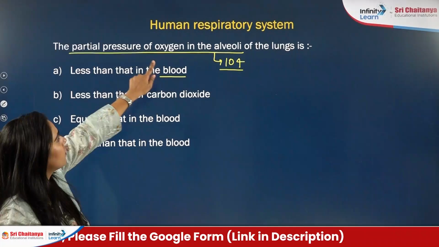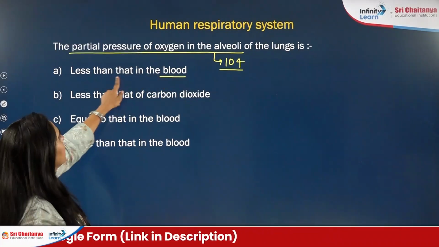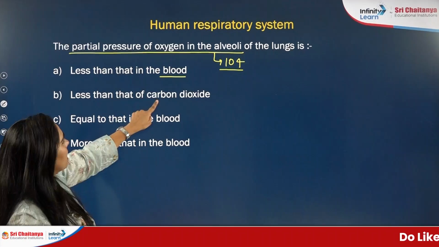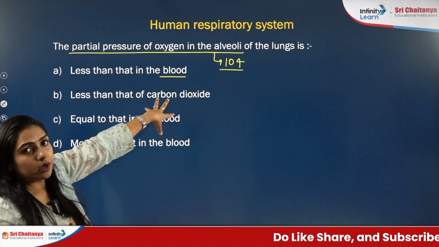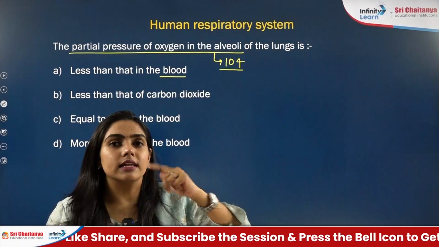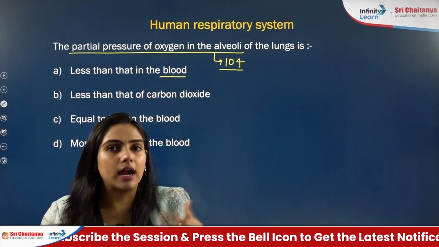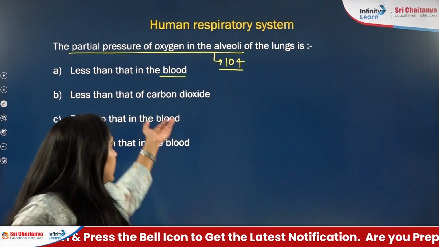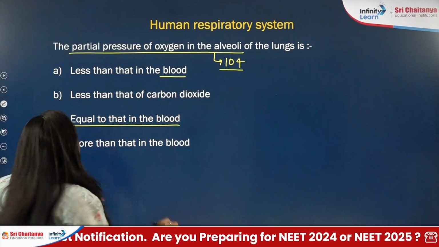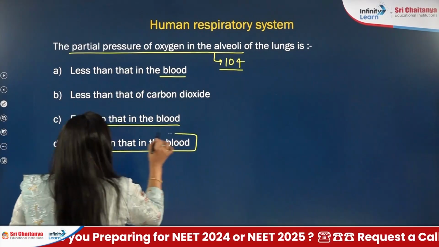The partial pressure of oxygen is more than the blood. It is less than that of carbon dioxide. No. Carbon dioxide only has what values? It is 40 or 45 in the body and outside it is 0.3, right? So it is not like that. Equal to that of blood? No. It is more than that in the blood.